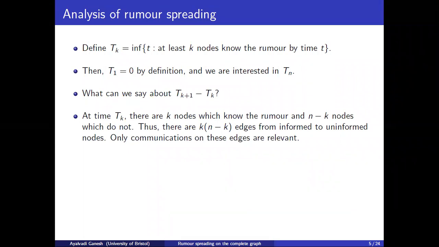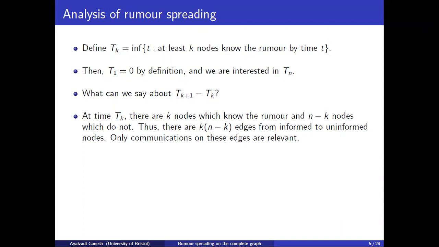The only thing that matters is if some node in this informed set chooses to speak to some node in the uninformed set, right? Those are the only types of communications which pass the Rumour to a node which doesn't already know it.